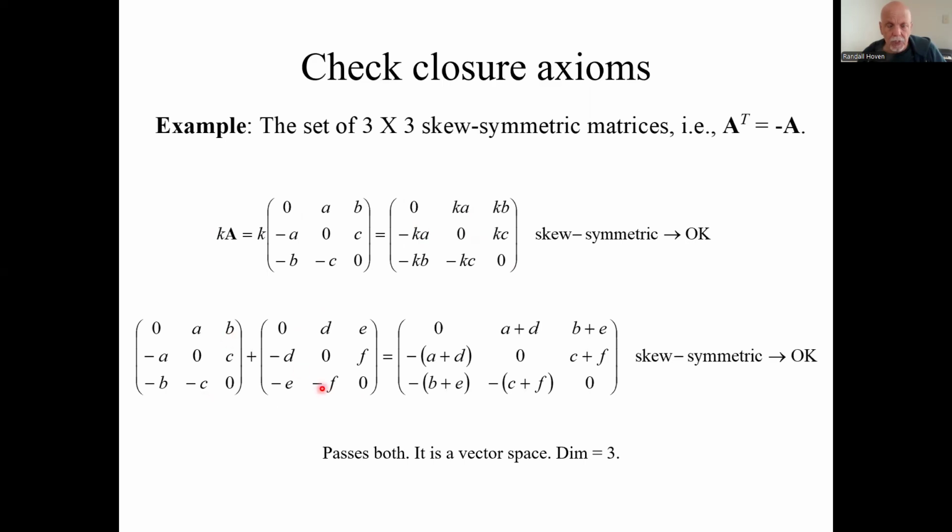I can't use the same letters on these two. I generate it the same way, but not with the same letters. Anyway, let's do that addition. I'll get this, and again you see that it's a skew symmetric 3x3 matrix. So it obeys both the closure axioms. It is a vector space, and its dimension is 3.